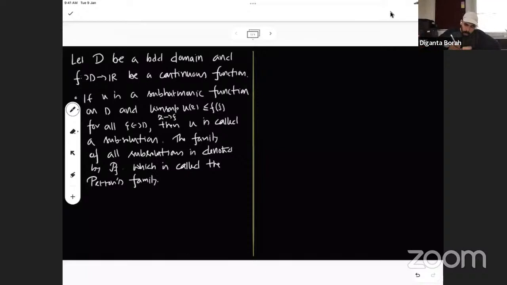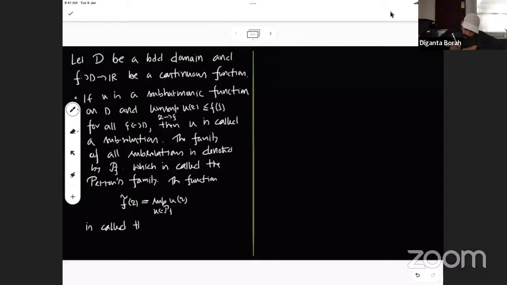Okay. And we also introduced the Perron solution. So we define a function f tilde. This is simply the upper envelope of this family. So the supremum of u's over u in P_f is called the Perron solution.